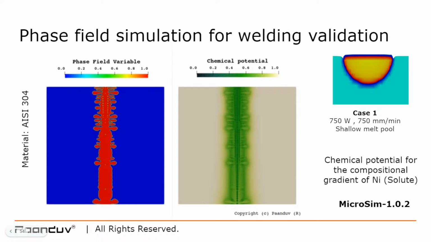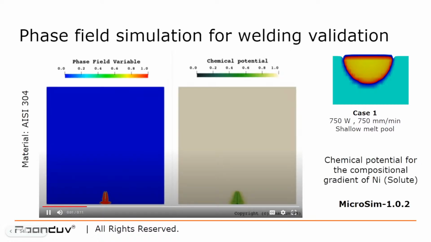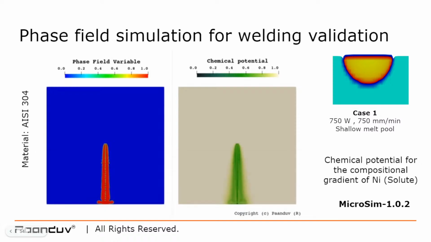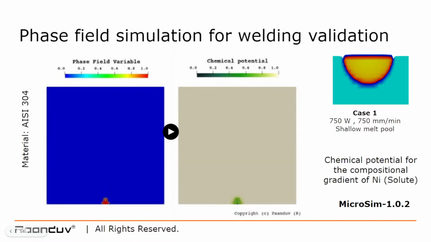We give a nucleation site at the bottom, and the dendrites are forming towards the top, and there is some secondary dendritic formation as well. On the right hand side, we are plotting chemical potential for the compositional gradient of nickel. This is done using another open source software called Microscale, and we will be exploring more about microscale modeling in the future.